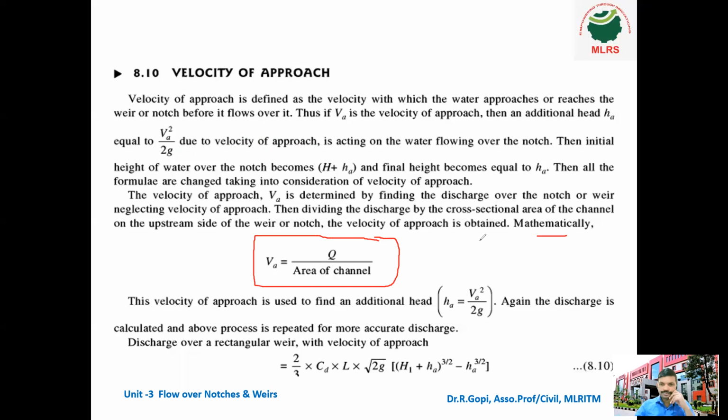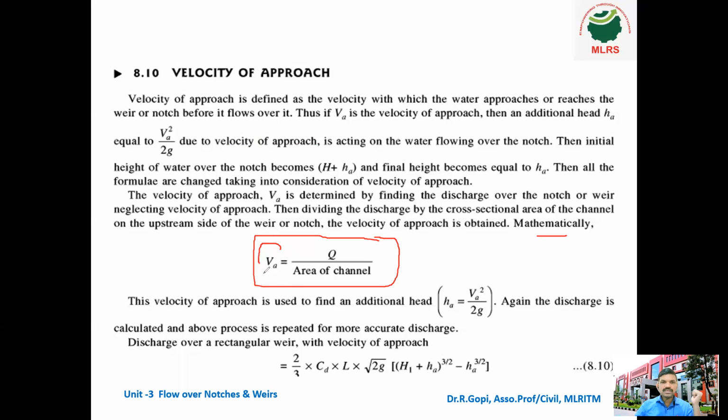Discharge is in meter cube per second. From that discharge, how to calculate the velocity? Discharge divided by area of the channel. Once you find the discharge, dividing it by the area of the channel, we can easily get the velocity of approach.